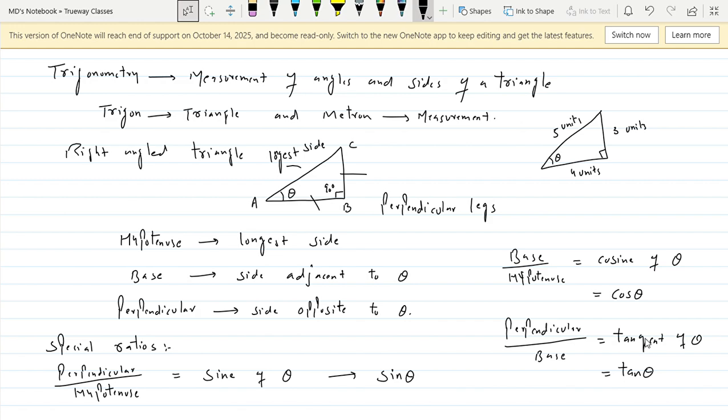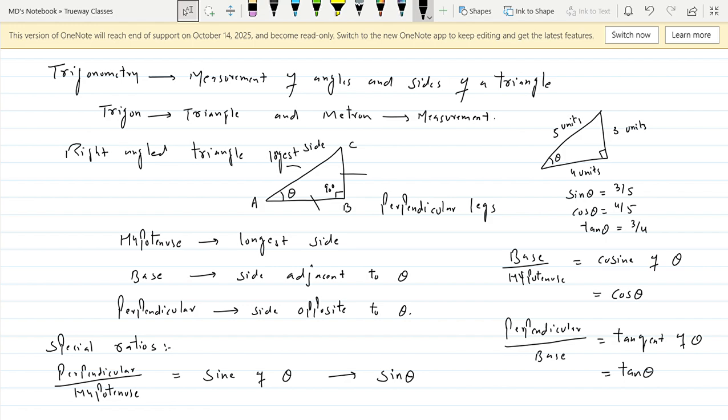So this is perpendicular, this is base, this is hypotenuse. What is sine theta here? It is 3 by 5. What is cosine theta here? It is 4 by 5. What is tangent theta here? It is 3 by 4. Is it clear?